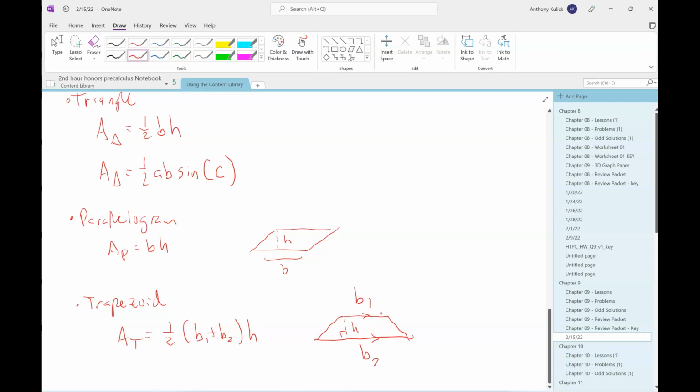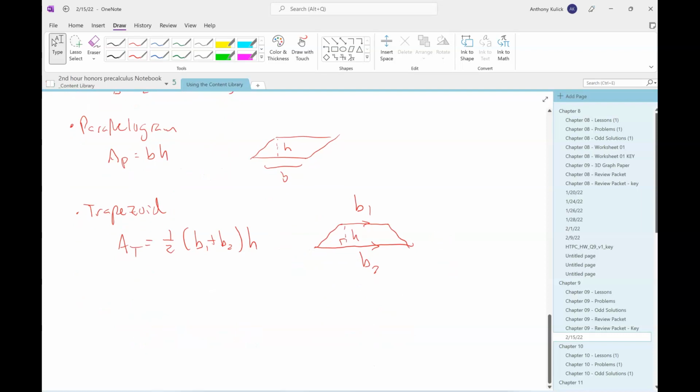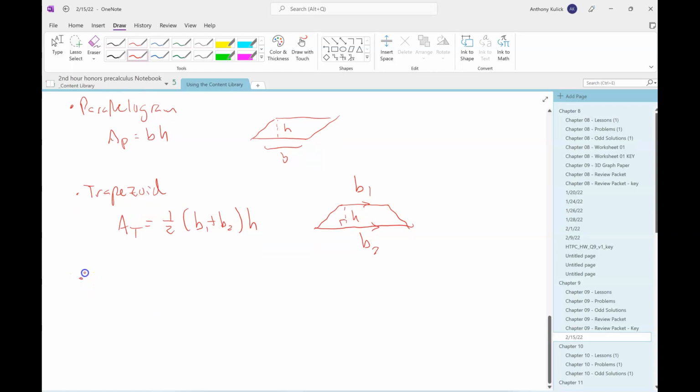And again, the height is not a side length. Usually, I guess you can have a trapezoid where the height is the side length, but it doesn't have to be. Just like in a triangle, the height doesn't have to be a side length. Everybody's jogging some memories. Again, I don't expect you to have any of these things memorized. These would all be given for you.